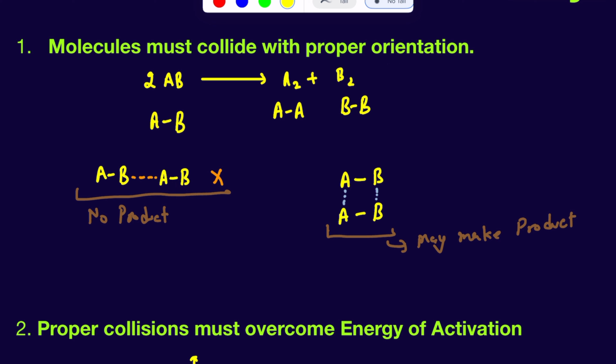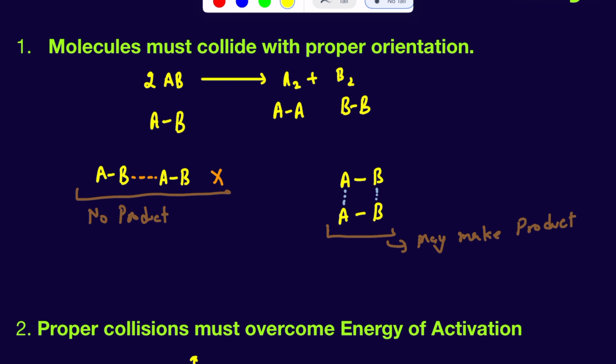But what you could do to make sure you have more collisions with proper orientation is increase the frequency of the collisions to begin with. Let's suppose I have 10 collisions in one second. In those 10 collisions, maybe 8 of them are bad collisions with bad orientation, and only 2 of them are good orientation.